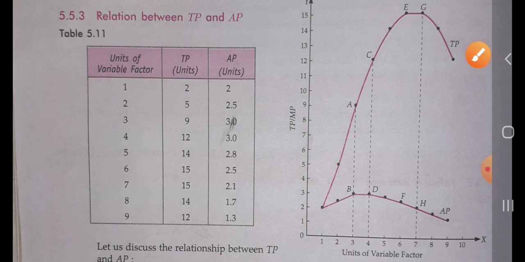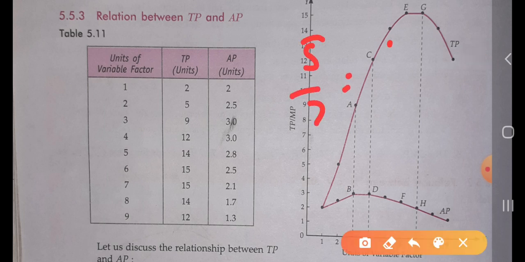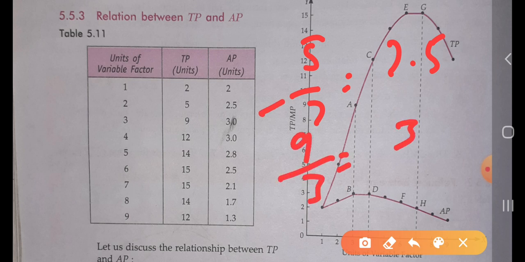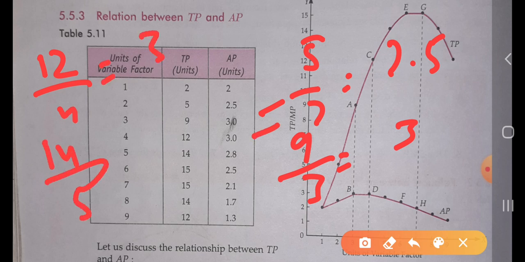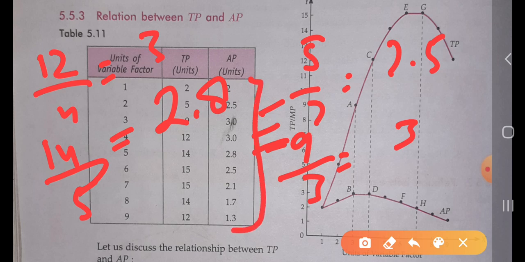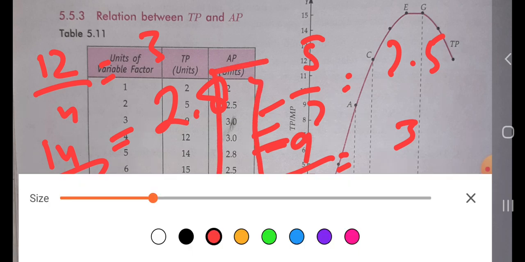We can also calculate the value of AP from the TP, that is 5 upon 2 equals 2.5, 9 upon 3 equals 3, 12 upon 4 equals 3, 14 upon 5 equals 2.8. That is how we can calculate the value of the AP.